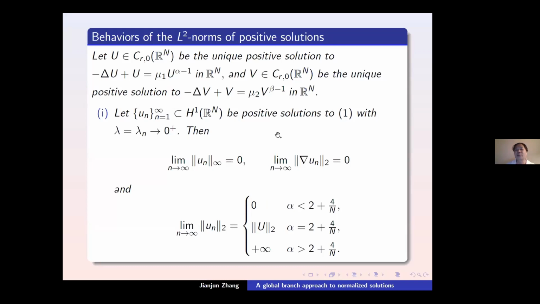Using this result, we can show that as lambda goes to plus infinity, the L infinity norm of u_n goes to 0, and the mass of the solution goes to 0 in the mass subcritical case. The L infinity norm is the norm of the unique positive solution of the limit problem in the mass critical case.